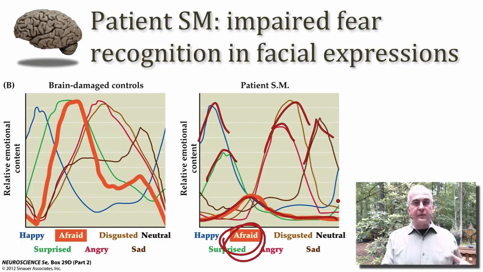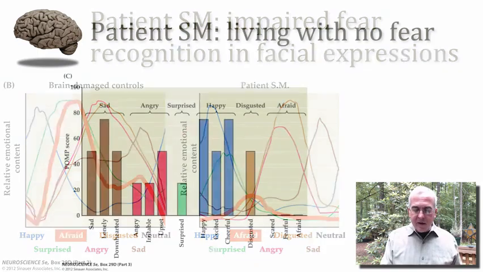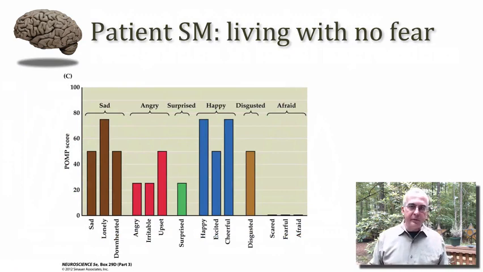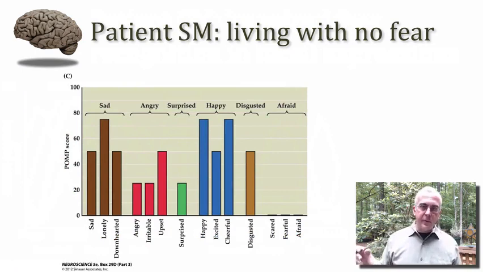Now, these investigators went on to study various dimensions of patient SM's life, and fairly recently, they utilized mobile technology, and they asked her to respond to a short survey that asked her to reflect and introspect and rate her experience of various emotions at different times of day over about a 3-month period.